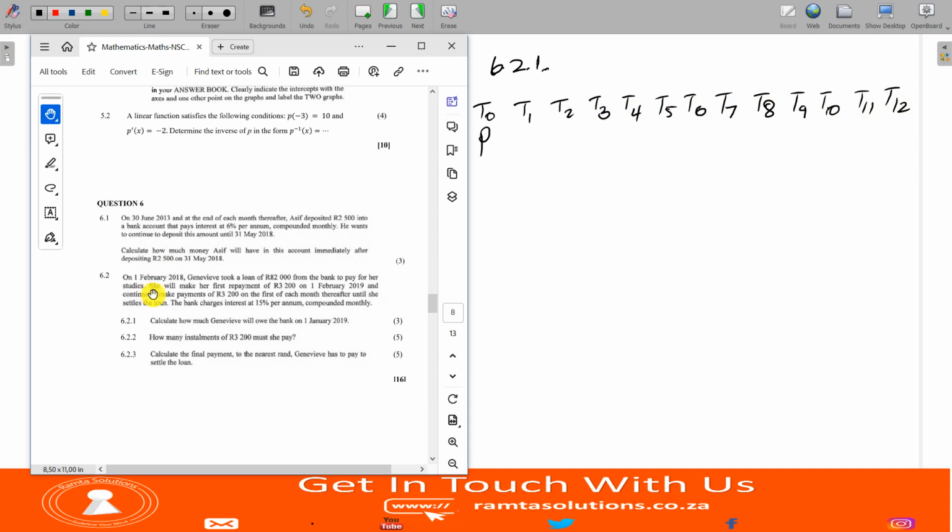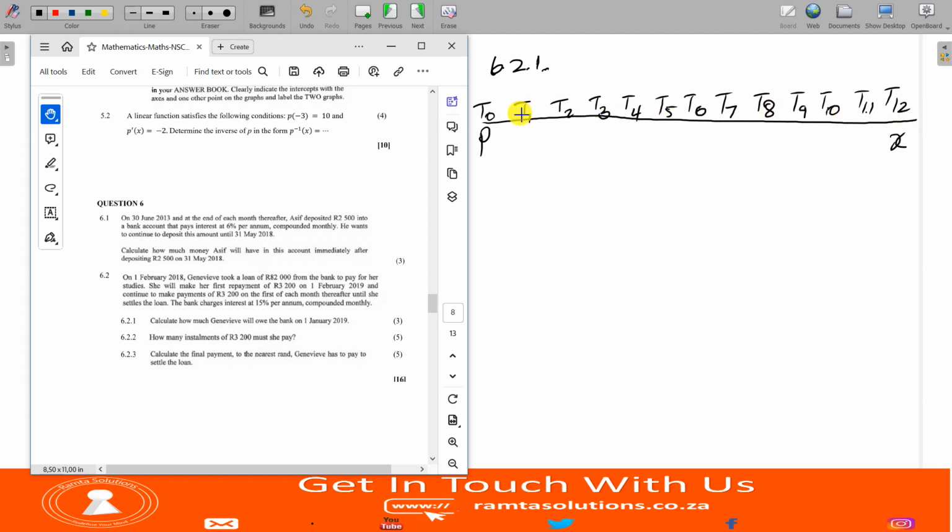Remember, guys, she will make her first payment on 1st February 2019. Let's count once again. This is February 1, March, April, May, June, July, August, September, October, November, December, January. And this is when she makes her first payment. When? On February 1. Can you see that?